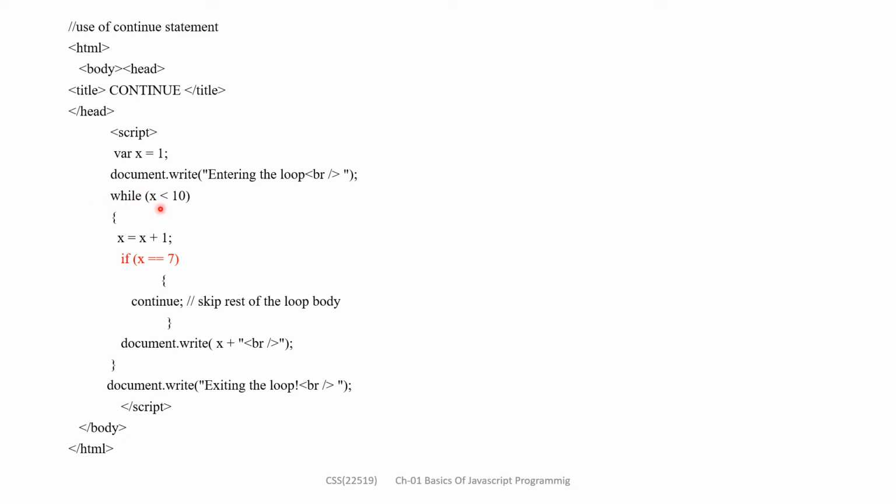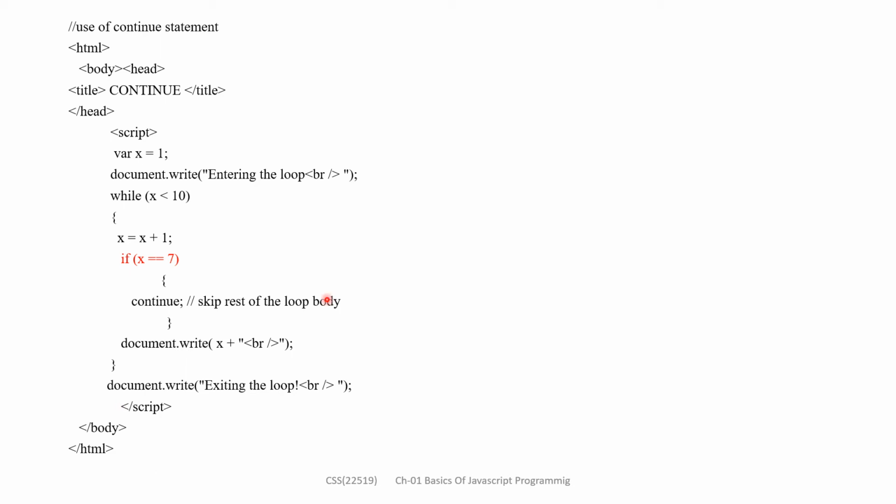Then a while loop, x is less than 10, and in the while loop, x is equal to x plus 1, and here is the condition of the continue statement. If x is double equal to 7, then continue, and after that the next number will be printed.